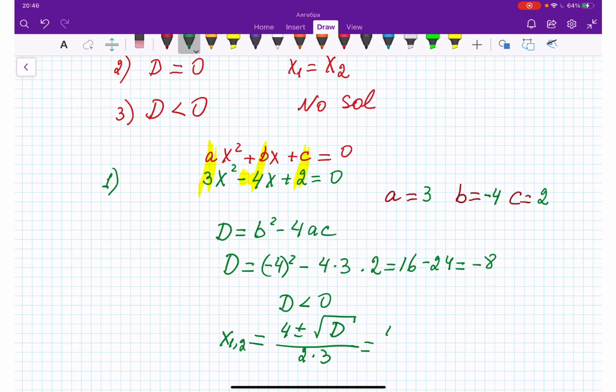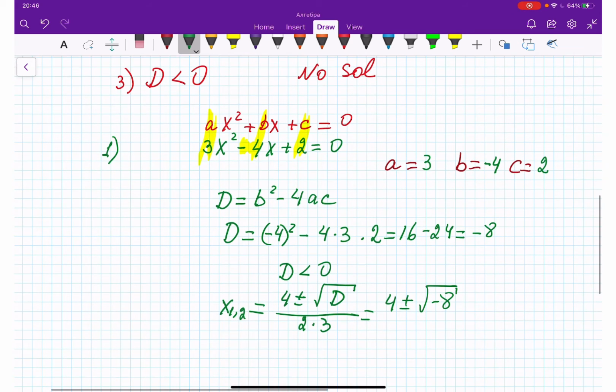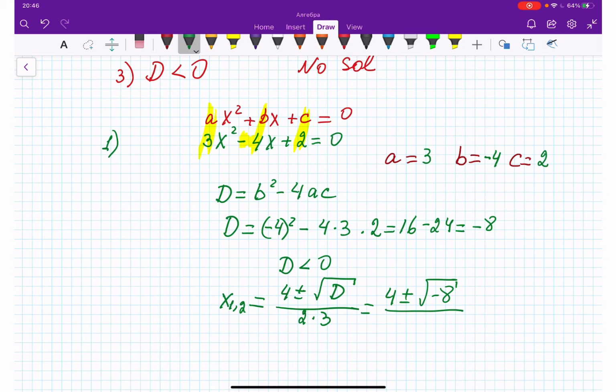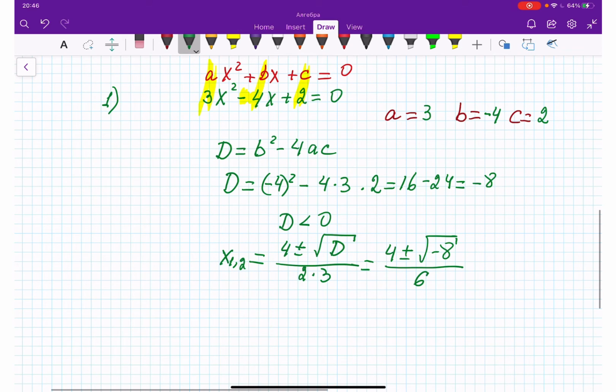This is going to be 4 plus or minus the square root of negative 8. Since you cannot have the square root of a negative number, we have no solution. So without going through the whole formula, once you identify the discriminant, b squared minus 4ac, and it is less than 0, a negative number, you already know that it has no solution.